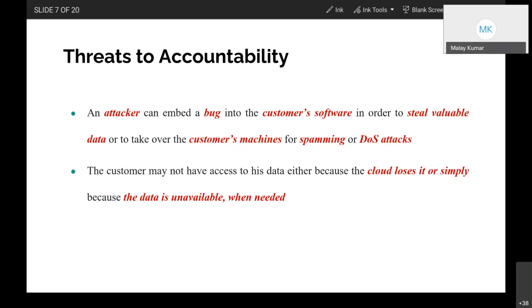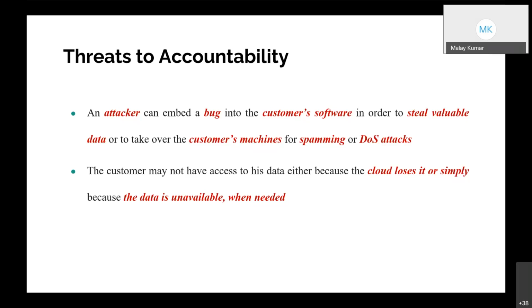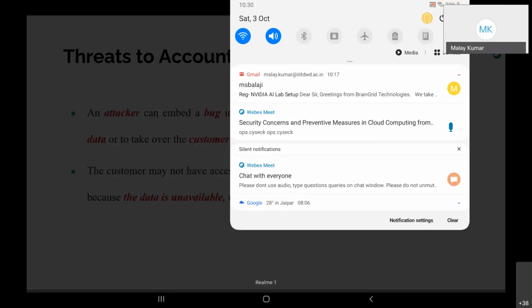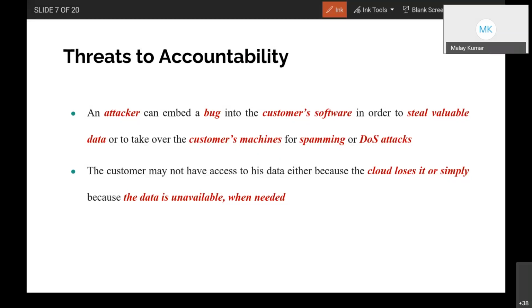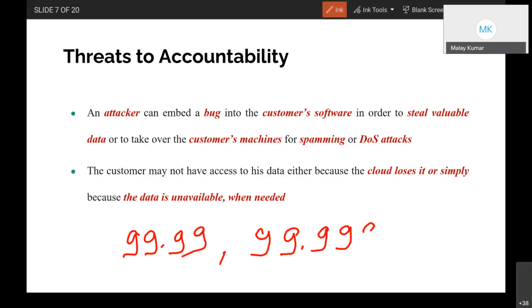A cloud outage may happen, because any cloud service provider, any reputed one, whether Google Cloud, Amazon, or Microsoft Azure, promises availability of 99.99, and some even provide availability up to 6 digits.